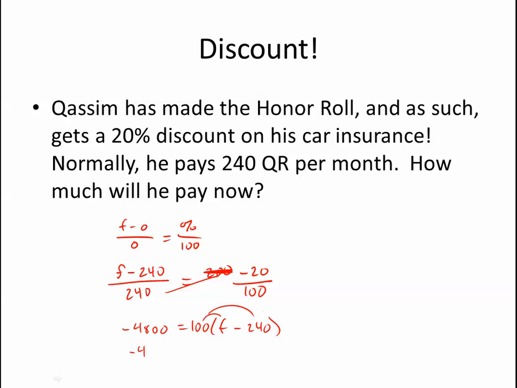So I'll have negative 4800 equals 100F minus 24000. And so then we'll add the 24000. And then we will divide by the 100, which gives us a final cost of 192 reals.